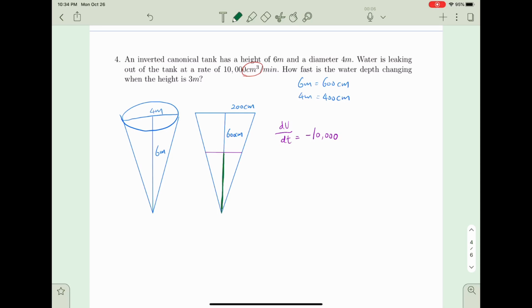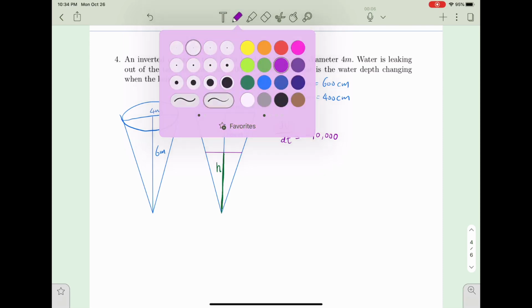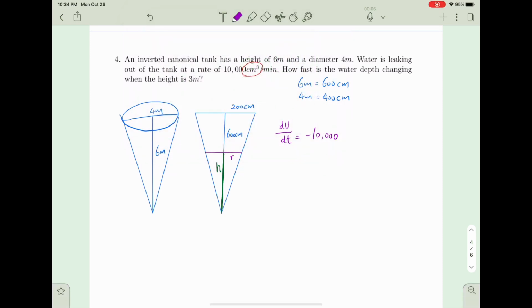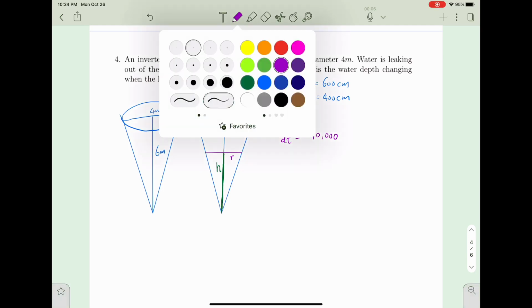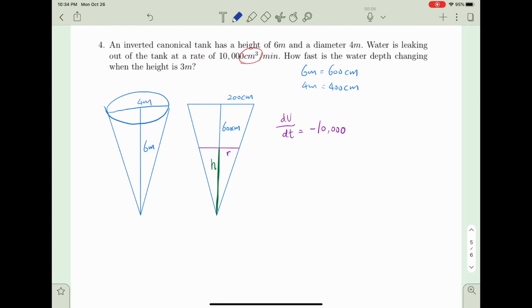Let's set that to h, right? And also set the radius of the water to be r. Set this to be r. Since the shape of the water is also a cone, we can use the volume of the cone formula to find its relation using r and h.